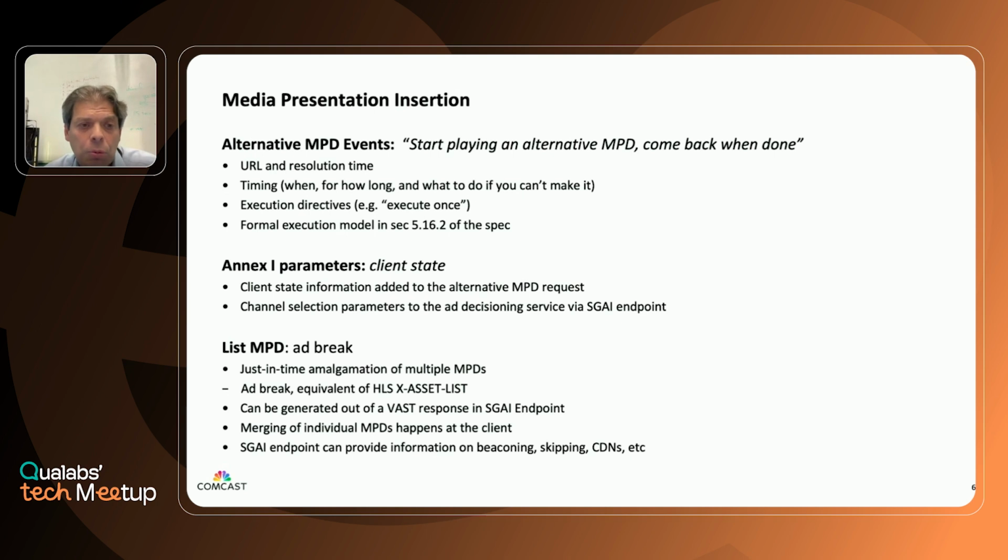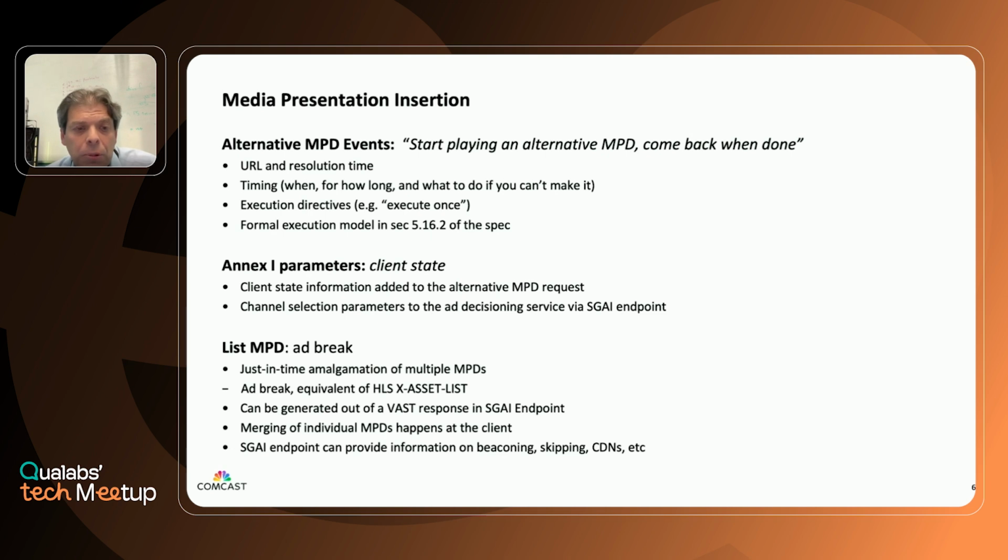So this is all good, but there are several additional parts to this. There is NXI, which is actually pretty old, but it's something that became essential for alternative MPDs. It is a way of sending the client state and opaque blobs to the SGI endpoint, which we need in order to make things personalized while we're keeping the MPD cached.